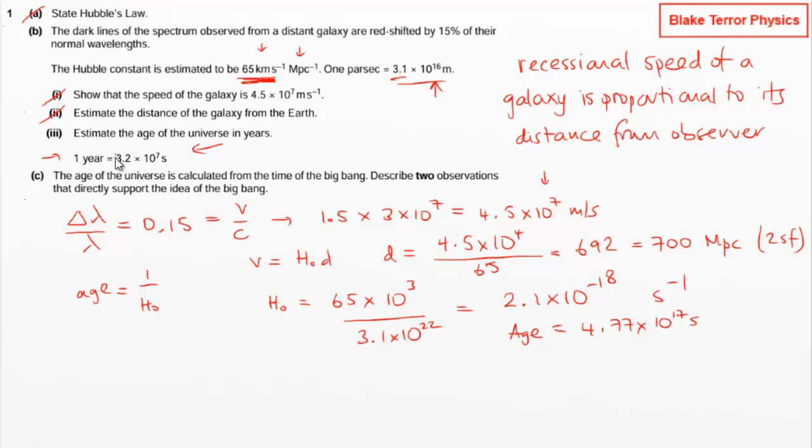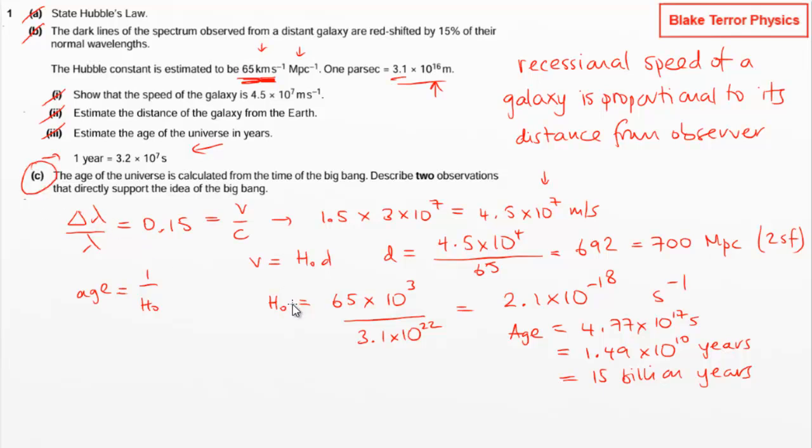Now divide by seconds in a year, and that then gives us 1.49 times 10 to the 10 years, which is what, 15 billion years, give or take. So let's say 15 billion years, which is about what we'd expect. A little on the high side, but that's fine as a calculation.